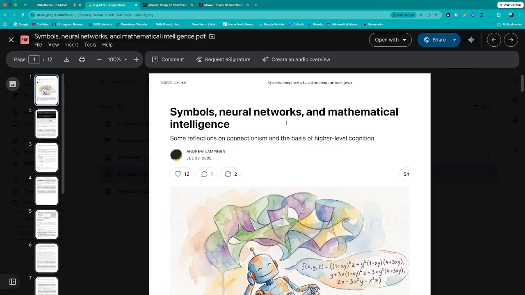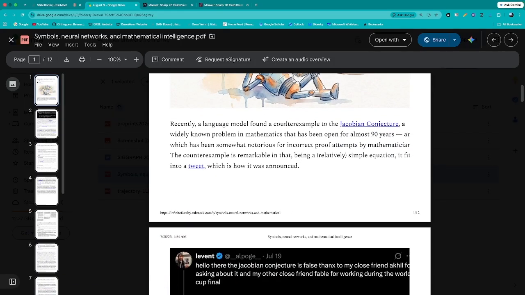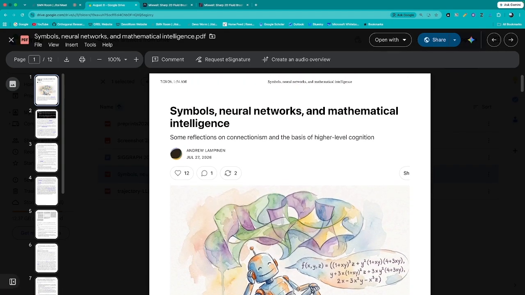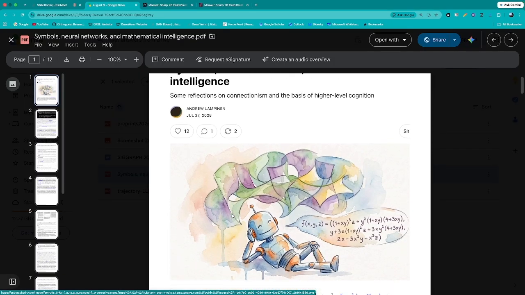Okay, the other thing I wanted to talk about today was this article. I believe it's from a Substack, Infinite Faculty Substack. And this is called Symbols, Neural Networks, and Mathematical Intelligence. So this is, again, something we've been talking about earlier in the meeting and thinking about some of these aspects of connectionism and the basis of higher level cognition.